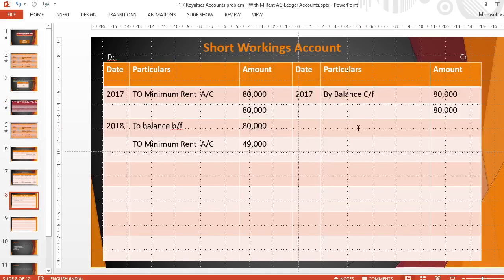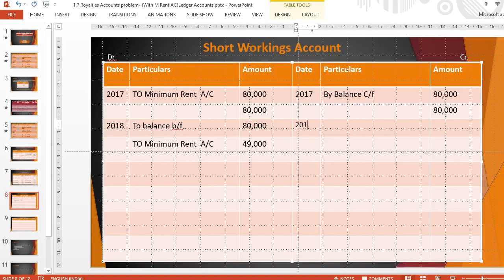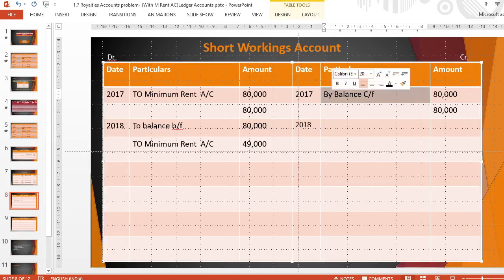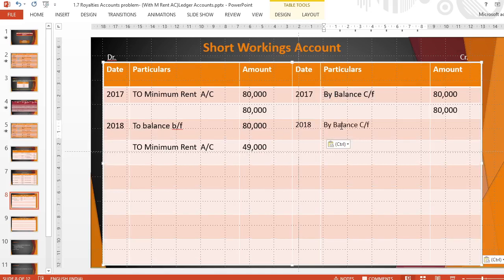So I'll write here 2018. Again by balance carried forward, the entire amount carried forward to next year.